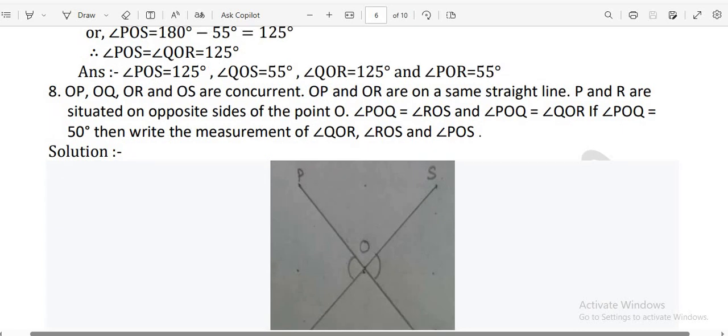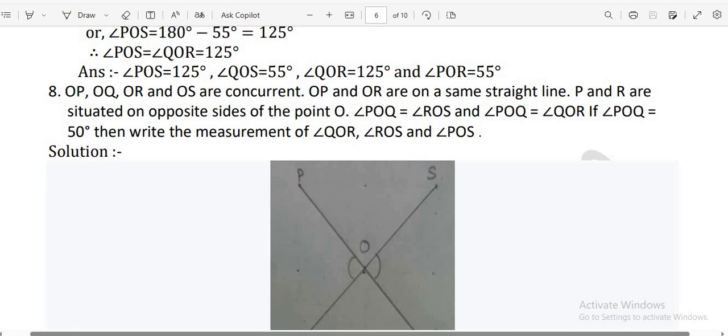Next, math question number 8. OP, OQ, OR and OS are concurrent. OP and OR are on the same straight line.